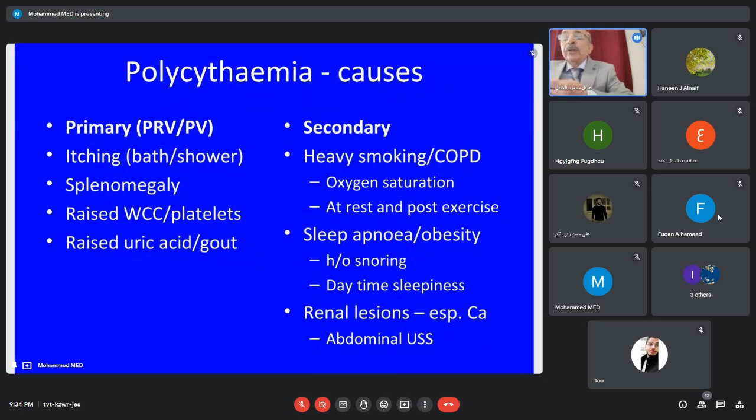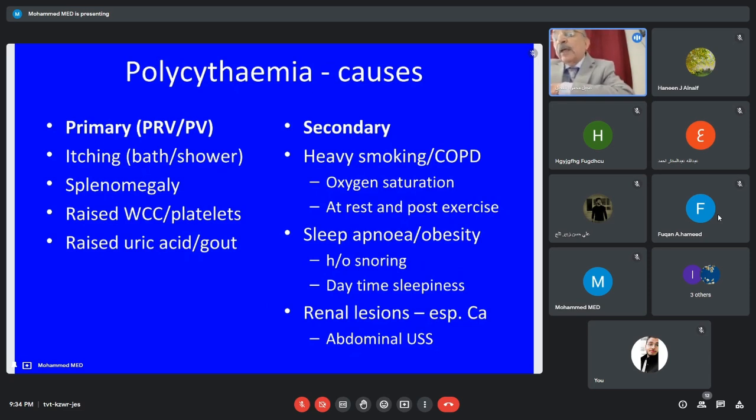Very often it presents with itching, because a high serum iron can cause itching, and I remember many cases referred from the dermatology clinic or seen in the dermatology clinic, and they proved to be polycythemic.